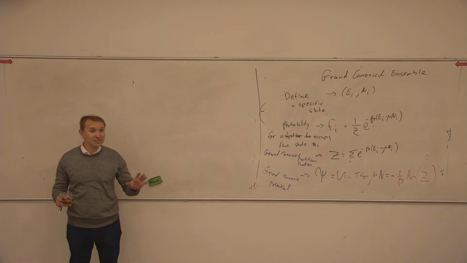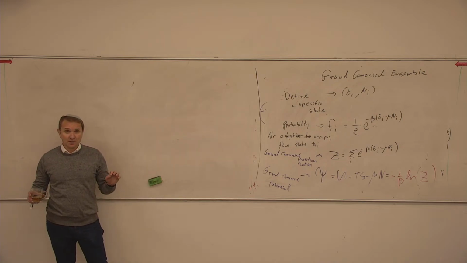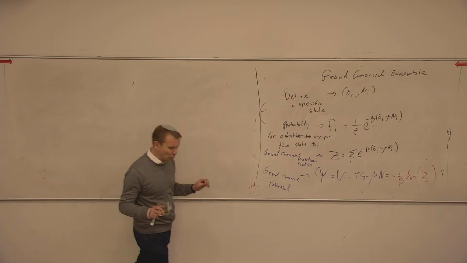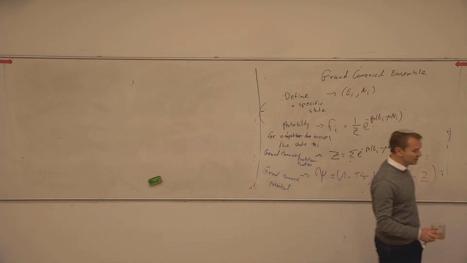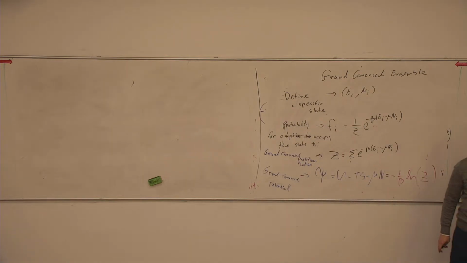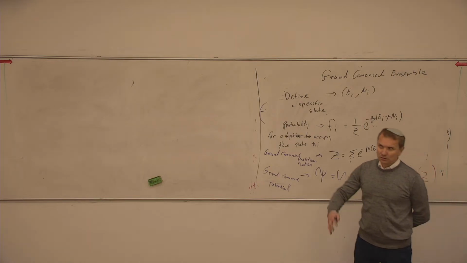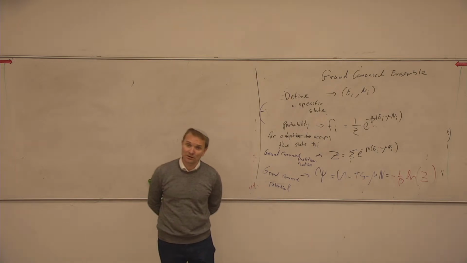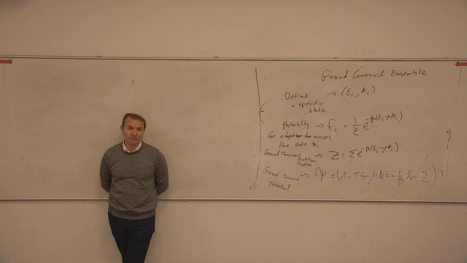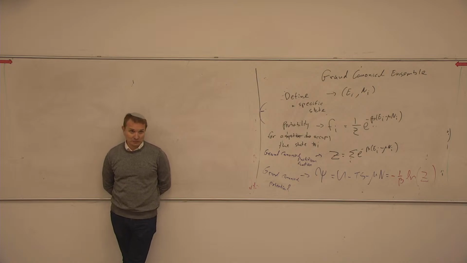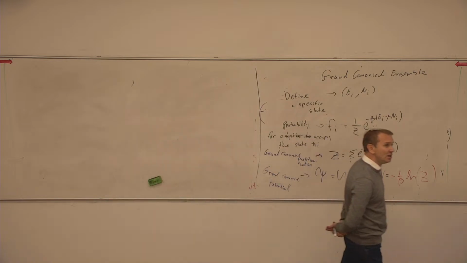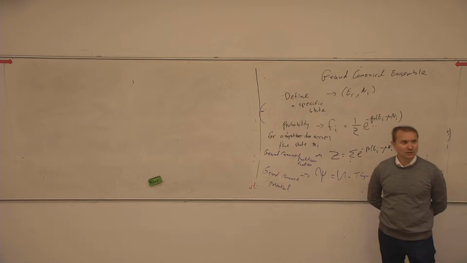So I told you, and this is what we've done so far, the only way that we can solve problems in the canonical ensemble is by somehow turning the system effectively into a system of independent quasi-particles. Those quasi-particles can be whatever. We've seen phonons, we have waves, we have specific monomers, etc. But there is always some effective representation in terms of non-interacting quasi-particles.